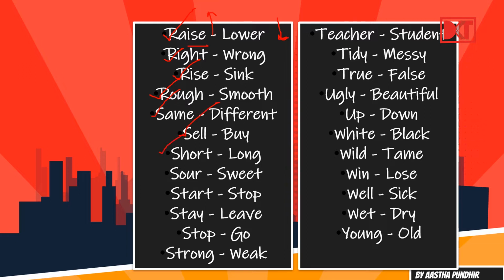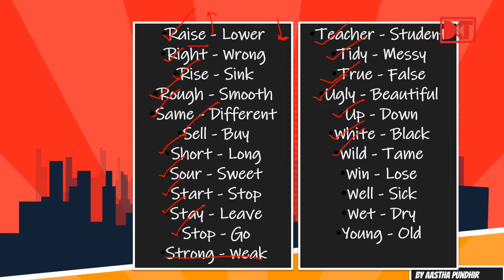Short and long. Sour and sweet. Start and stop. Stay and leave. Stop and go. Strong and weak. Teacher and student. Tidy and messy. True and false. Ugly and beautiful. Up and down. White and black.